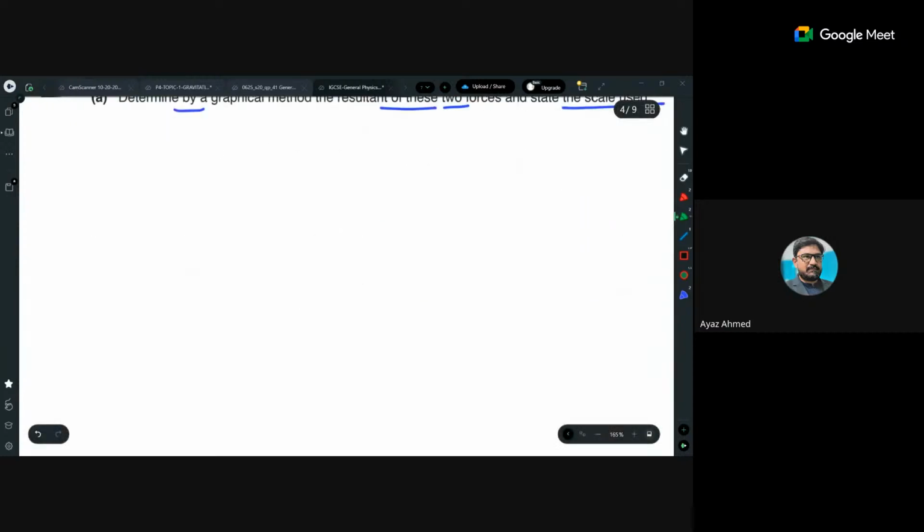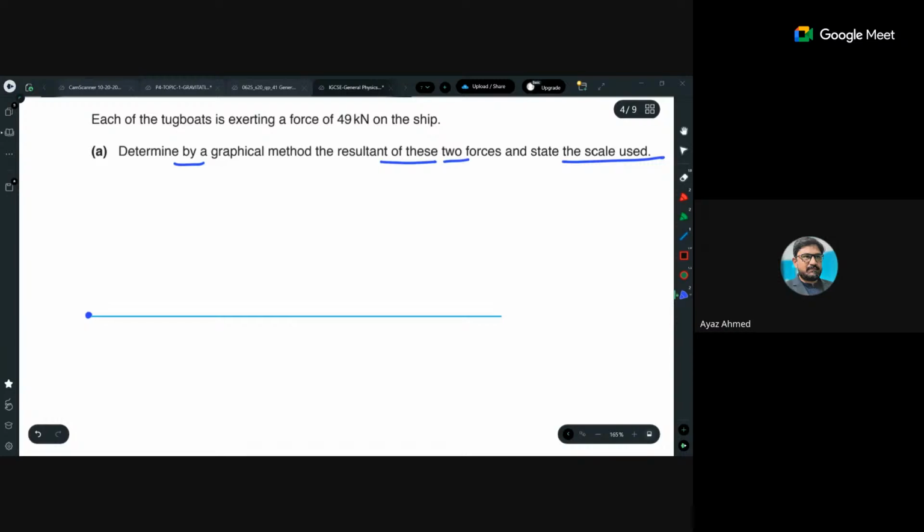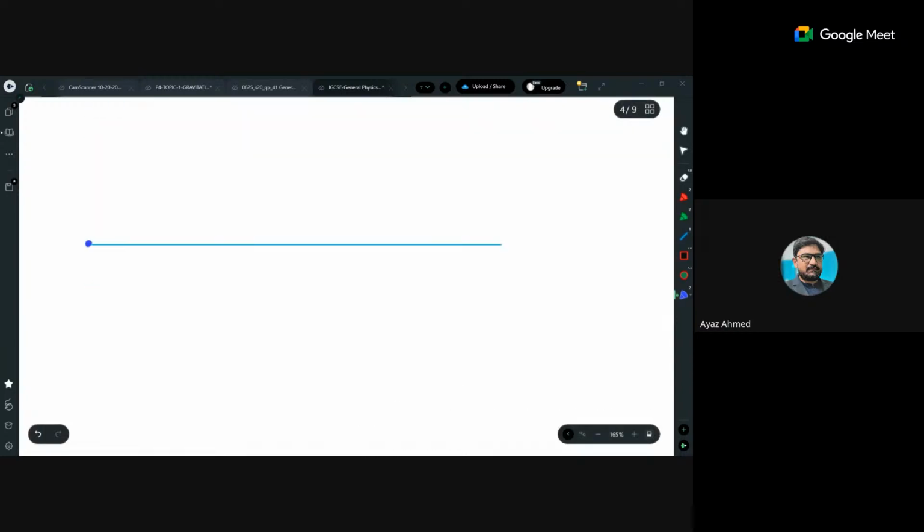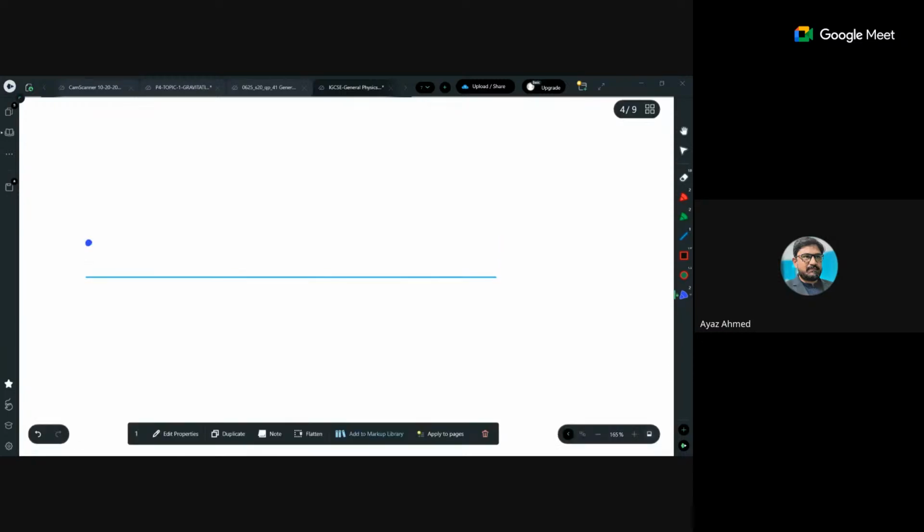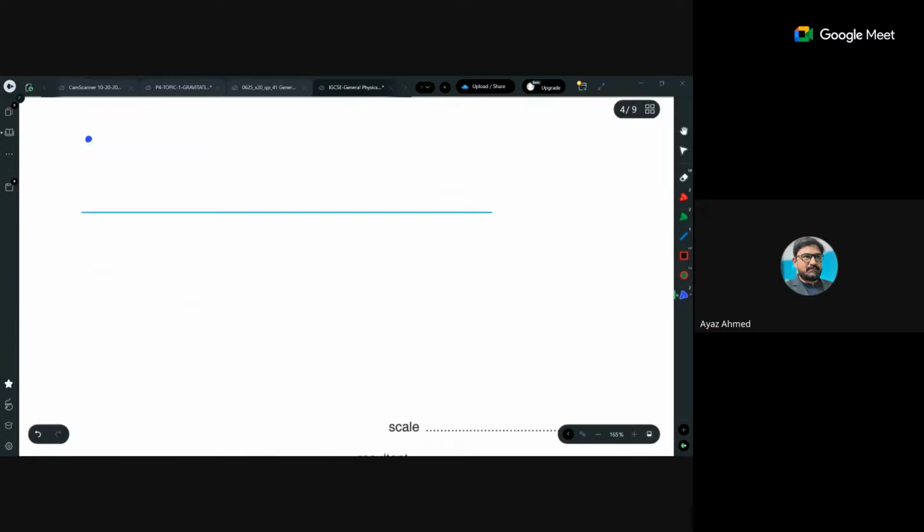Now look, you people have to show a ship with a vector, with a dot, and with the help of a pencil you will draw dotted lines in the direction of motion of the ship. Okay, you have done the first task. Then you will use the scale. Now you have to see how much space you have in your question. You can take it a bit further down, because you have the symmetric diagram this way, right?